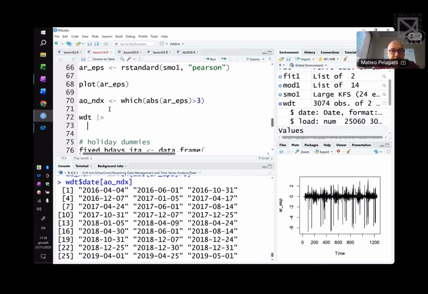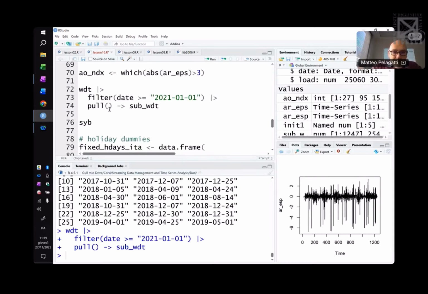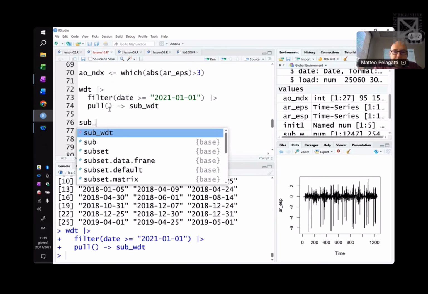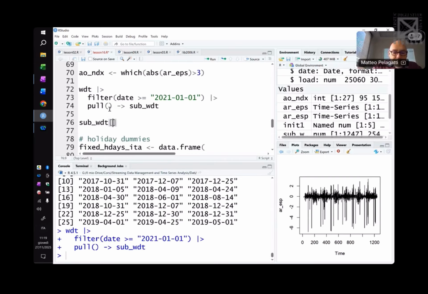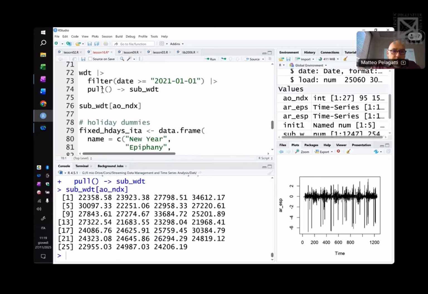So filter, and then I think if, well, we can just pull it, and then I just assign it to the sub by WDT, and then so pull dates, sorry.